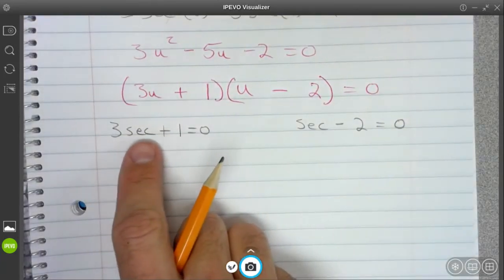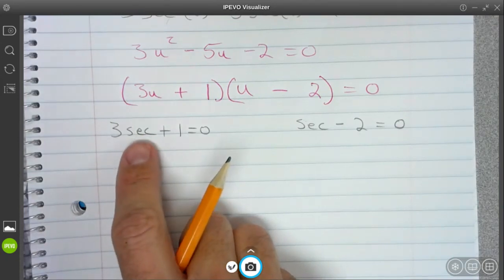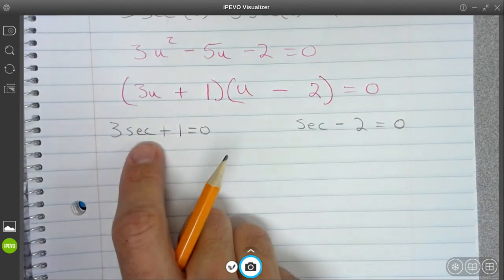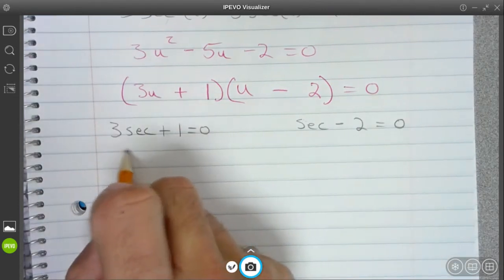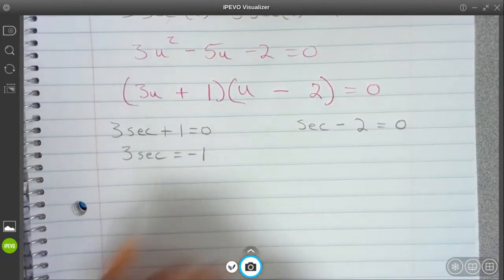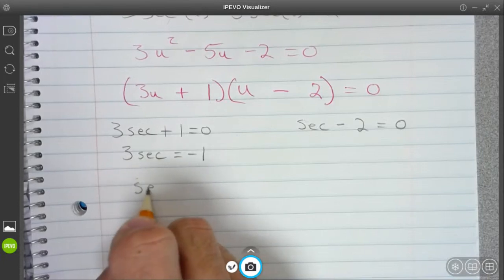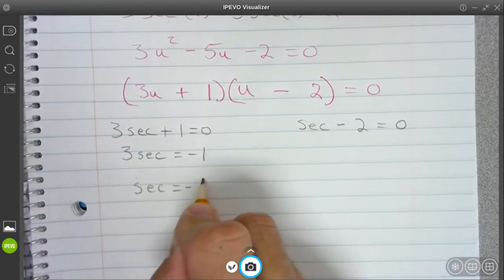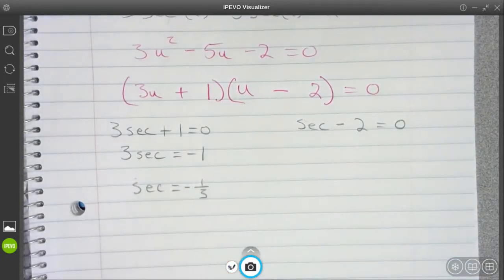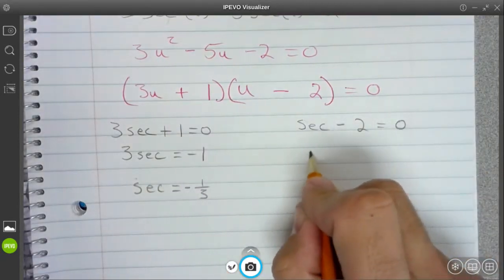All right, so before I swap over to cosine, I'm going to go ahead and isolate my trig part. So 3 secant is equal to negative 1. I'll divide by 3, and I'm going to get secant is equal to negative 1/3. Nice. For this one, I'll add 2 on both sides.